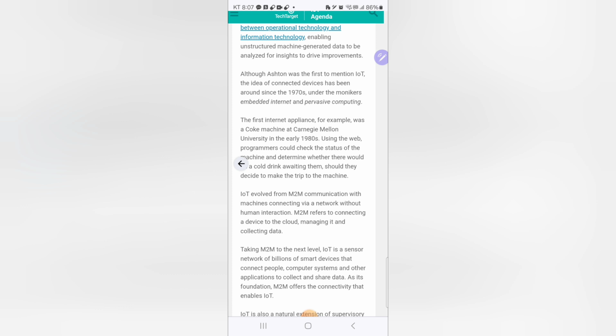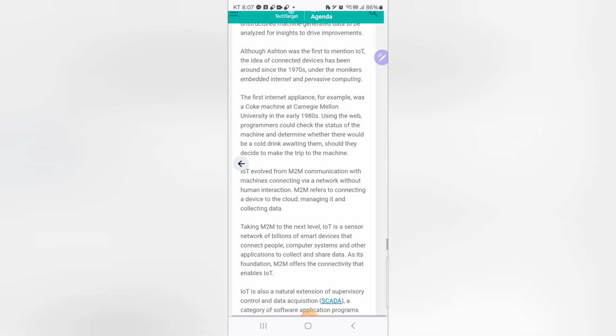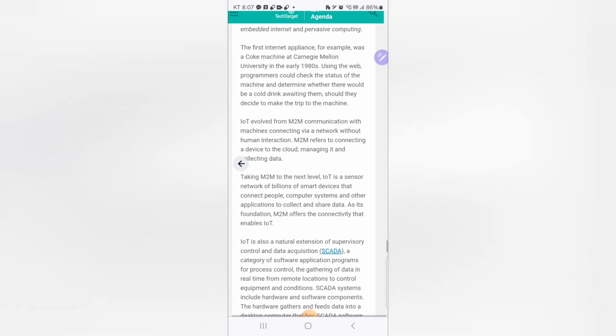IoT evolved from M2M communication, with machines connecting via a network without human interaction. M2M refers to connecting a device to the cloud, managing it, and collecting data.